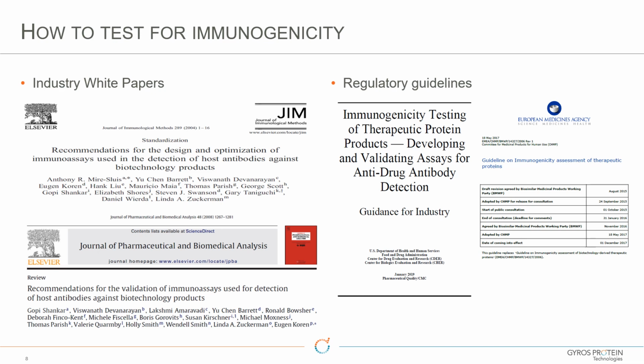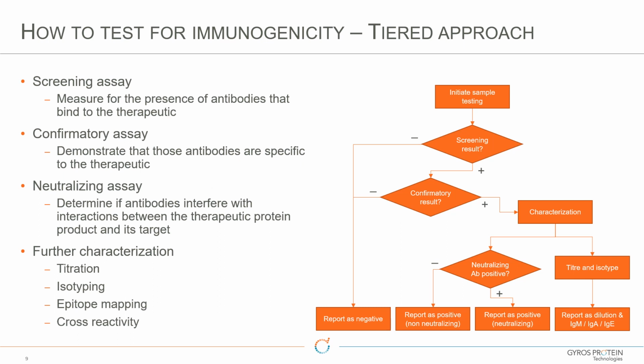Absolutely. So immunogenicity, going back to the early white papers, follows a tiered approach where you develop a screening assay. The screening assay is based on a false positive rate. You want to ensure that you have false positives and not false negatives, because you don't want to miss antibodies if they're there. So the statistical approach is to give at least 5 to 10% false positives in your population.